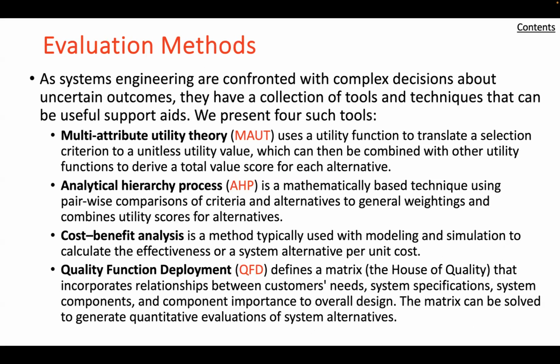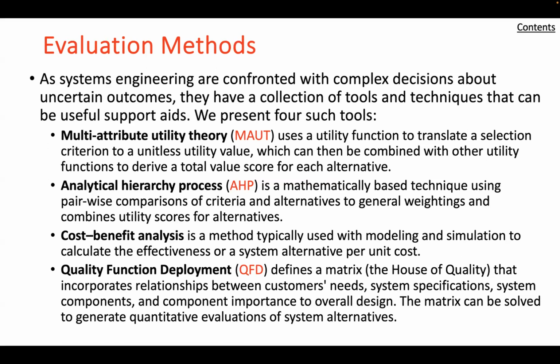MAUT's answer to this dilemma is to use the concept of utility and utility function. A utility function translates a selection criterion to a unitless measure of utility. This function may be subjective or objective depending on the data that are available.